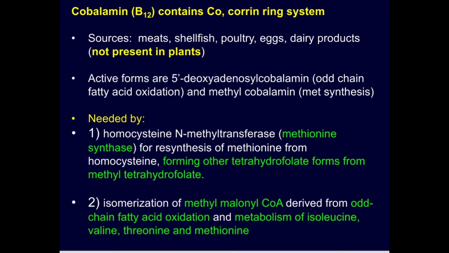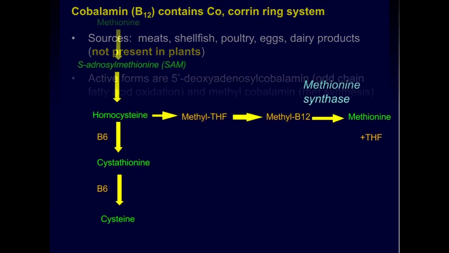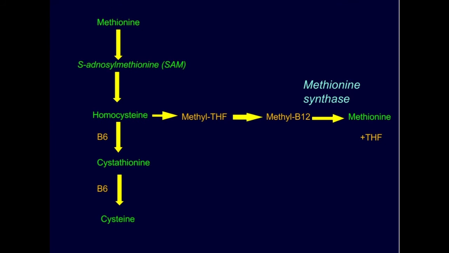The first one is the formation of methionine from homocysteine. You remember we covered that last lecture. It's the enzyme called homocysteine methyltransferase, also known as methionine synthase. It's remaking methionine from homocysteine. For that reaction, you need both B12 and tetrahydrofolate.